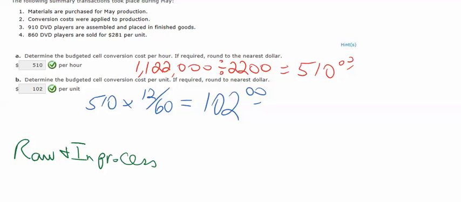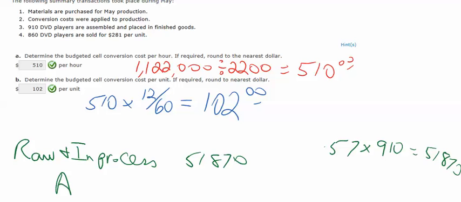That equals 51,870. So I'm going to debit it for 51,870. I'm going to credit my accounts payable for $51,870. So I've now made my first journal entry, to record the purchase of those.